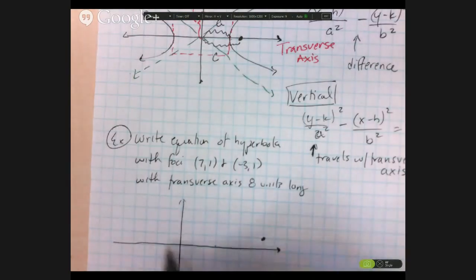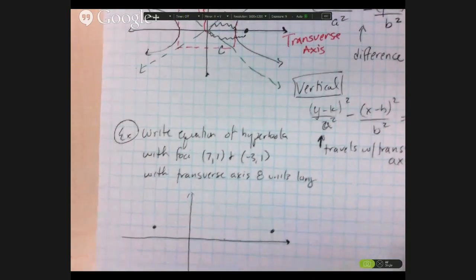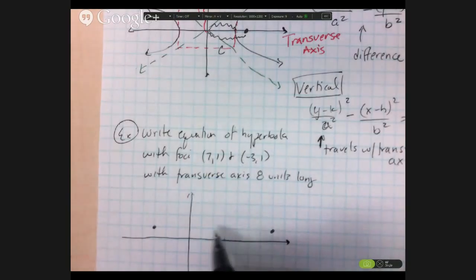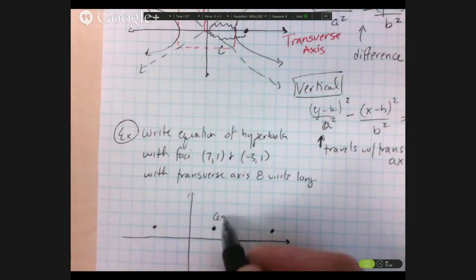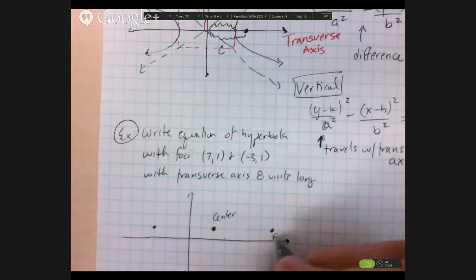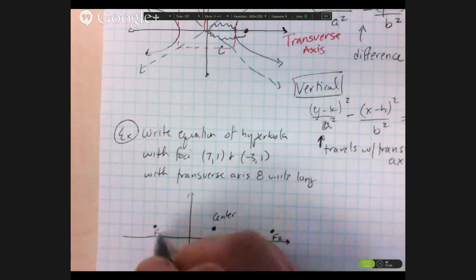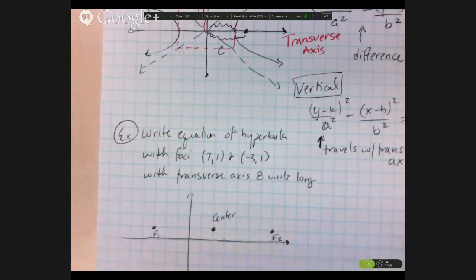There's 7, 1 and negative 3, 1. Okay, those are the foci. Where's the center? Okay, the foci in the center.